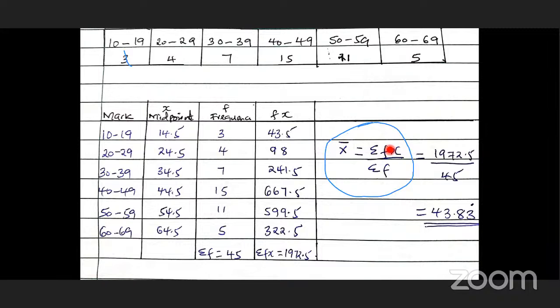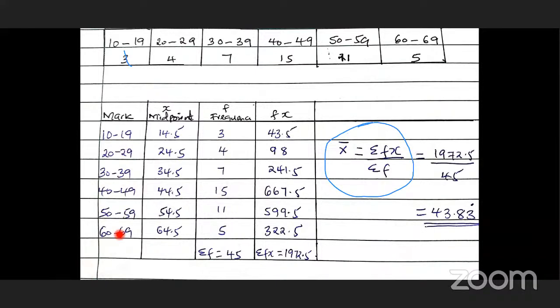The first column, put the marks as provided for in the table above, as per the classes. The first class, 10 to 19, 20 to 29, 30 to 39, throughout to the last class.